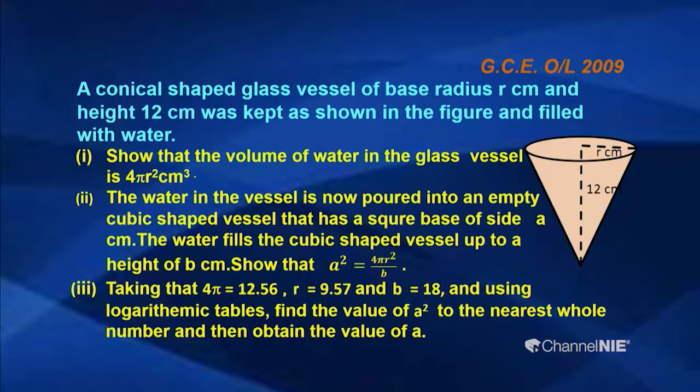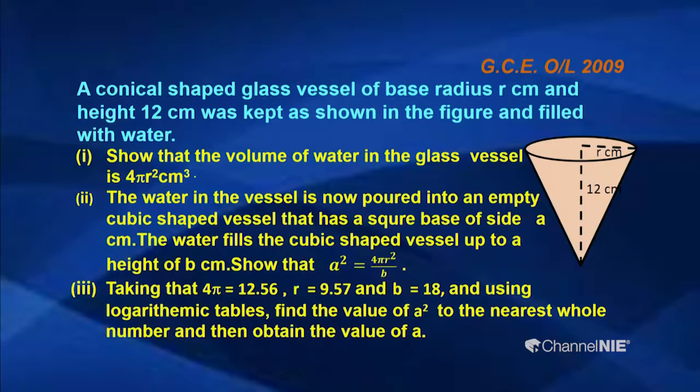Okay. Now what do they ask? First question, show that the volume of water in the glass vessel is 4π r squared cubic centimeter. They ask for the volume of that cone by this expression. That is very simple.